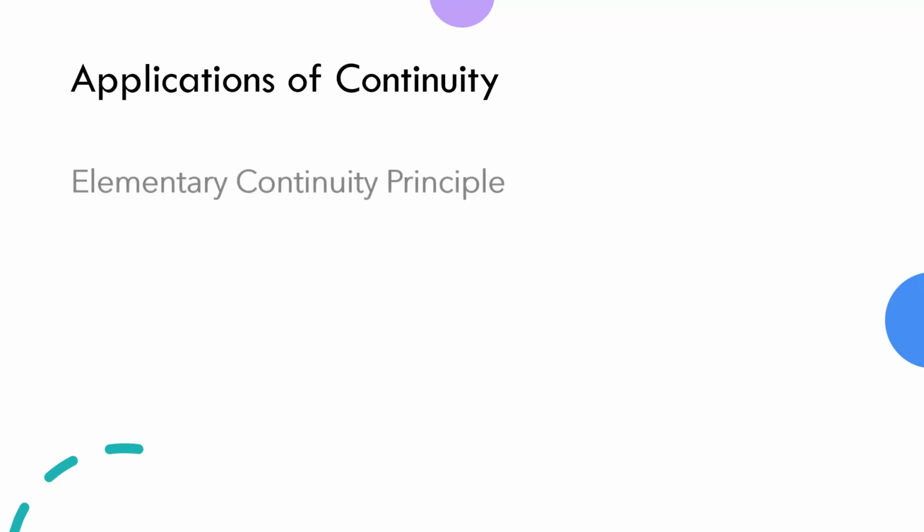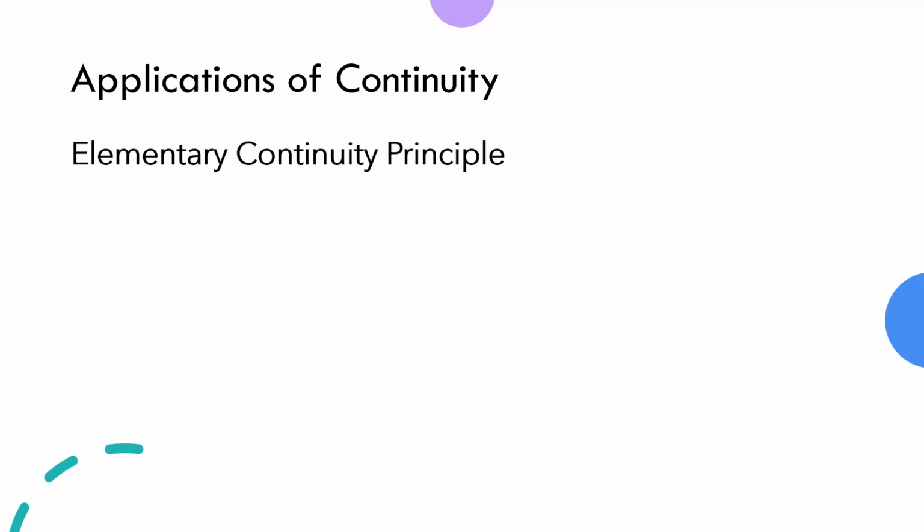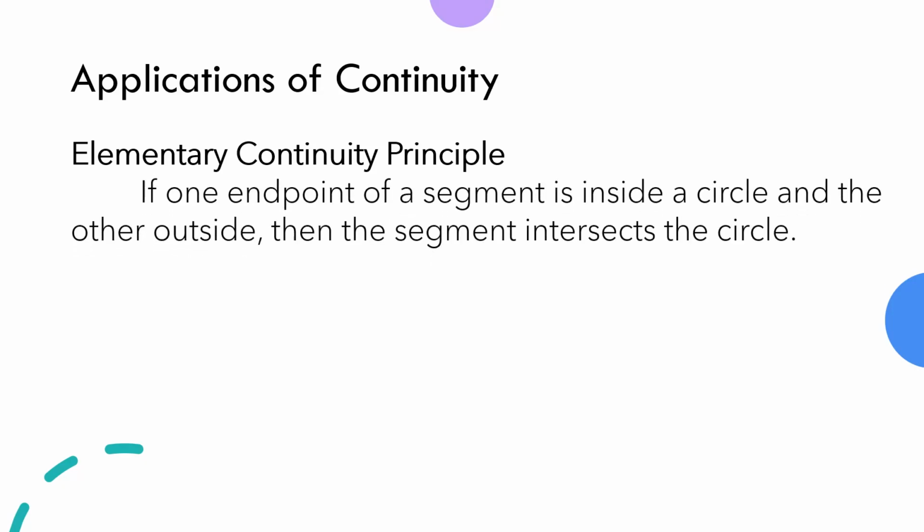Okay. So the application of Hilbert's continuity axiom shows how an abstract completeness principle enables concrete geometric existence proofs that were impossible under Euclid's system. You have here the elementary continuity principle, one of the two continuity principles. If one endpoint of a segment is inside a circle and the other outside, then the segment intersects the circle.